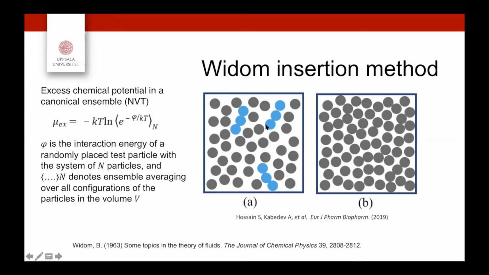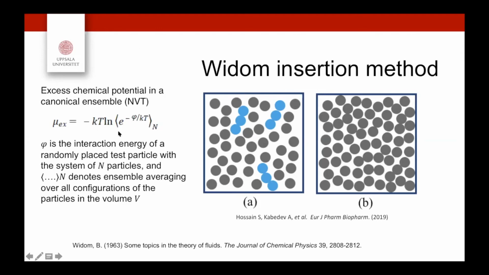The drug molecule, or whatever the molecule of our interest, should be inserted into all possible spaces inside the simulation box, and then the energy of the change should be measured. So we just gradually, one by one, insert our molecule, again, maybe felodipine, into all the possible spots within the box and measure how the system energy would change. So it's rather a statistical approach. So we just would see how on average that would change.